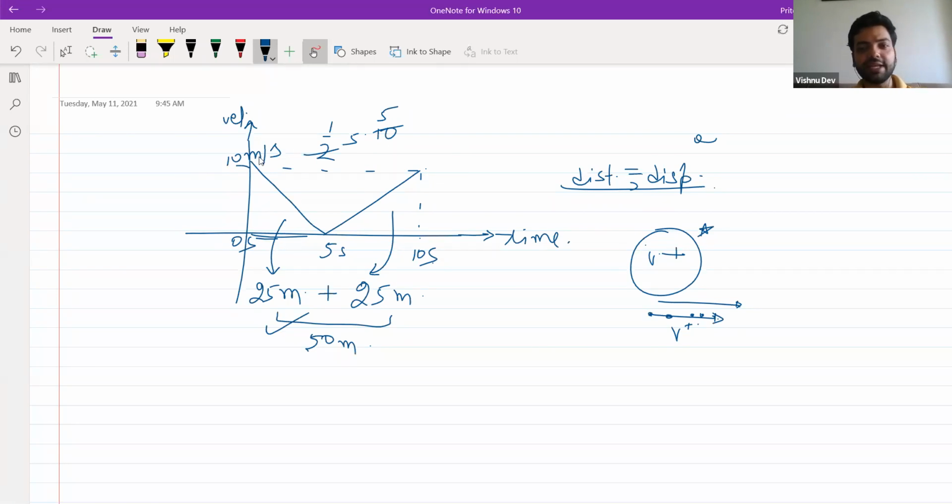Are these two problems clear to you all? Or if anyone has any doubt, you can ask me. No, sir, no doubt. Clear. Okay, good. Can anyone tell me the difference between positive velocity and negative velocity?